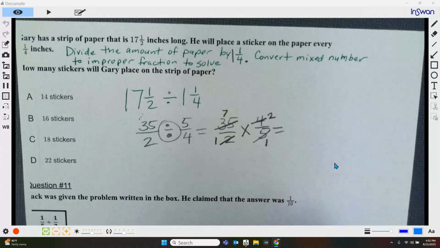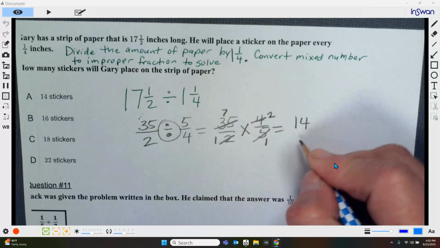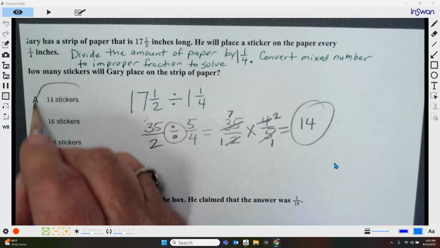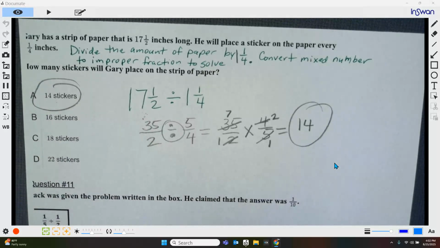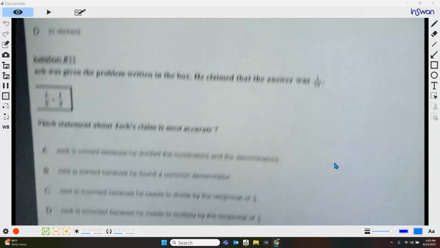So I'm going to multiply across the numerator and the denominator. 7 times 2 is 14. 1 times 1 is 1. So it's 14 over 1, or 14 stickers out of the 17 and a half inches of paper. All right, that's pretty easy.